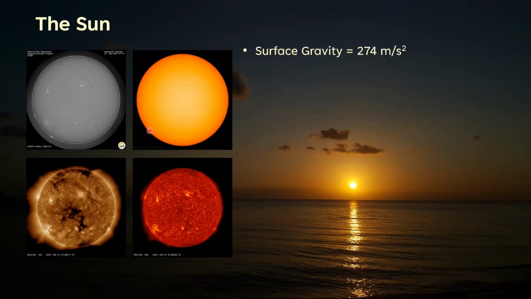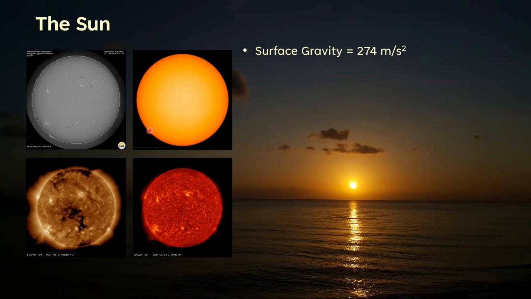By the way, some additional facts about the sun. The surface gravity is about 274 meters per second squared. That's about 27 times larger than the Earth's gravitational field at the surface.